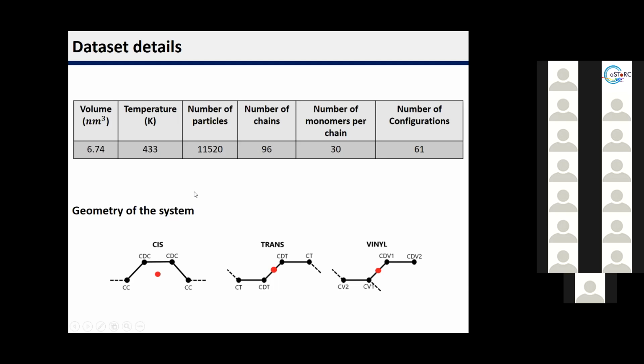Our system contains 3 different monomer types. We have a cis monomer type, a trans monomer type, and a vinyl monomer type. The red dot denotes the center of mass of each monomer type. And we can observe that we have 4 united atom particles for every monomer type. And the dashed lines denote the connection between the monomers.